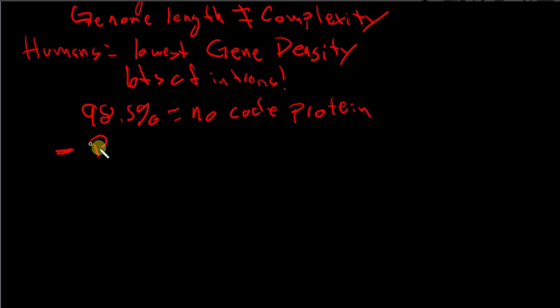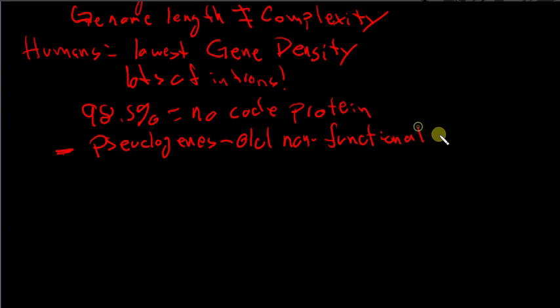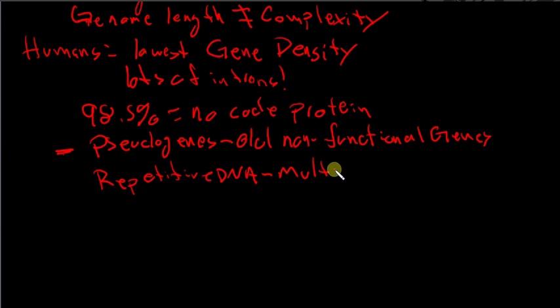Some of it, called pseudogenes, are old genes that don't function anymore. Old non-functional genes, or repetitive DNA, so multiple copies of the same DNA sequence repeating over and over and over again.